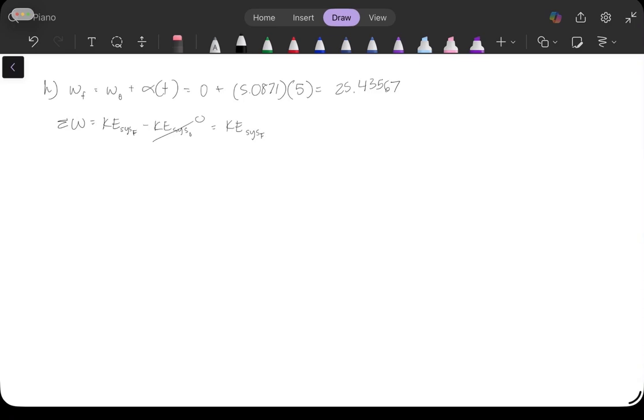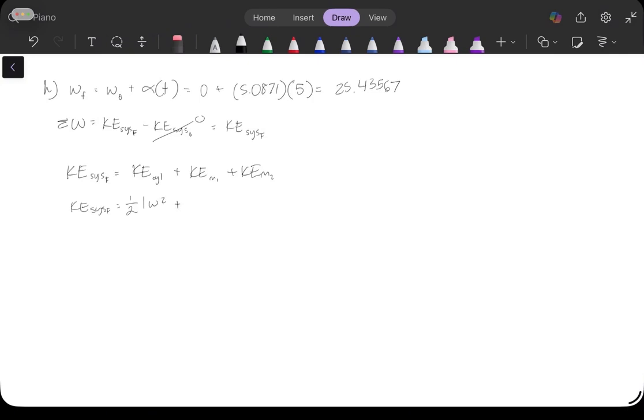So how we can do this is by setting up that the KE rot of this, actually let's just say KE of the cylinder plus KE of mass 1 plus KE of mass 2. This is equal to 1/2 I omega squared because it's KE rotational.